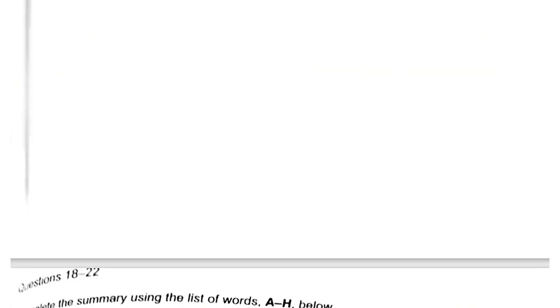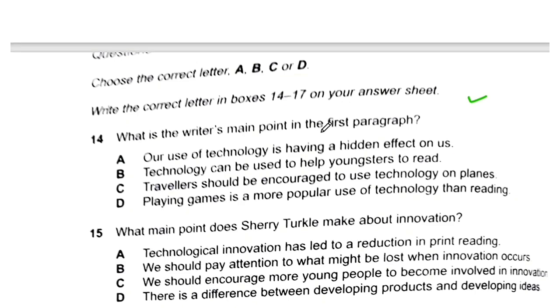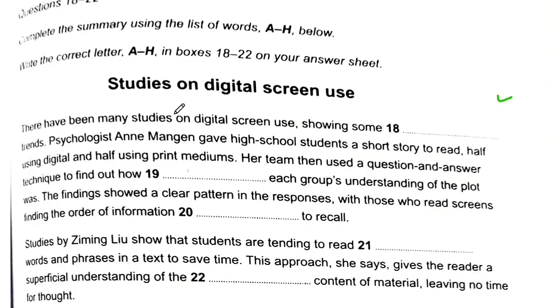Now we'll be looking at the question. What is the writer's main point in the first paragraph? This is the first question. Then we have: there have been many studies of digital screen use showing some trends. Psychologists gave high school students a short story to read, half using digital and half using print medium.